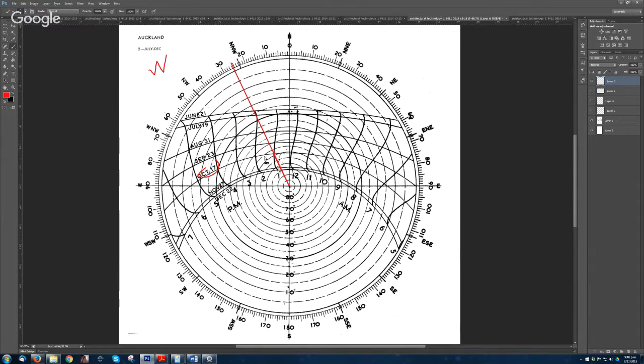And then the altitude, it's going to be around 58 degrees. Good. Any questions? This one should be easy points.